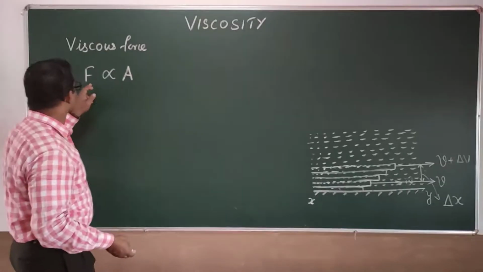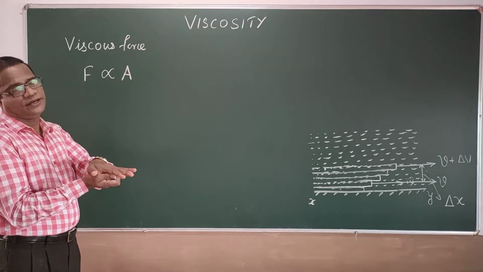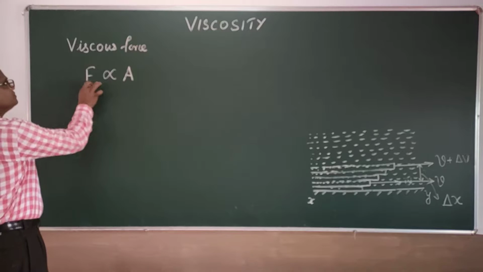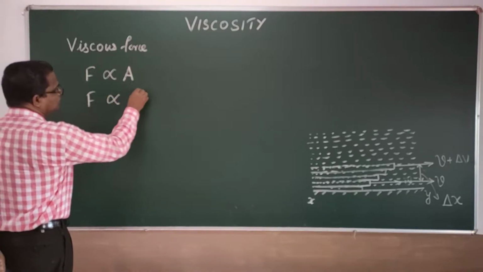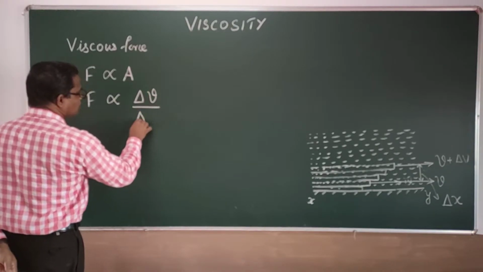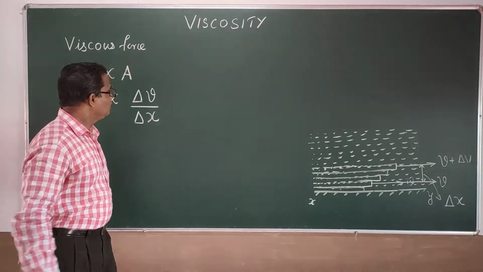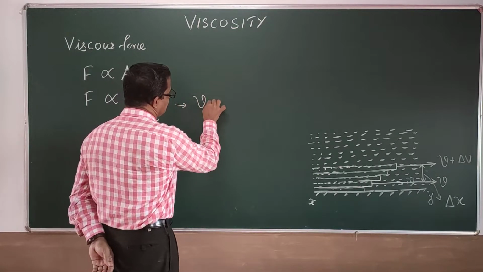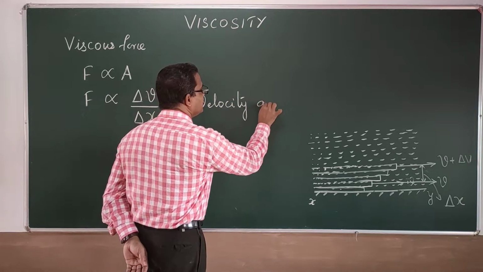Therefore, F is directly proportional to the surface area of the liquid in contact, and F is directly proportional to a quantity called excess velocity divided by the vertical separation. We call this the velocity gradient.